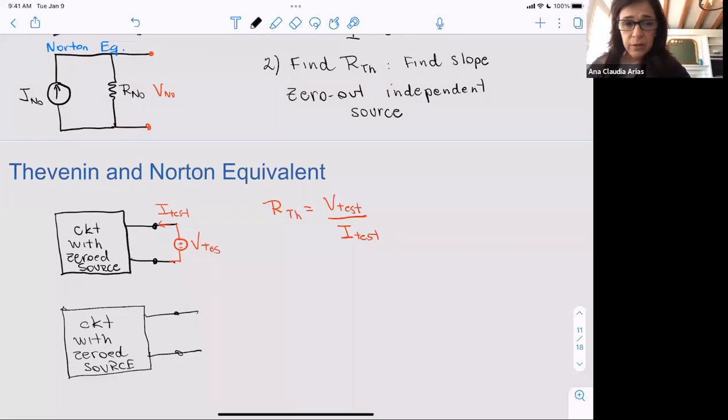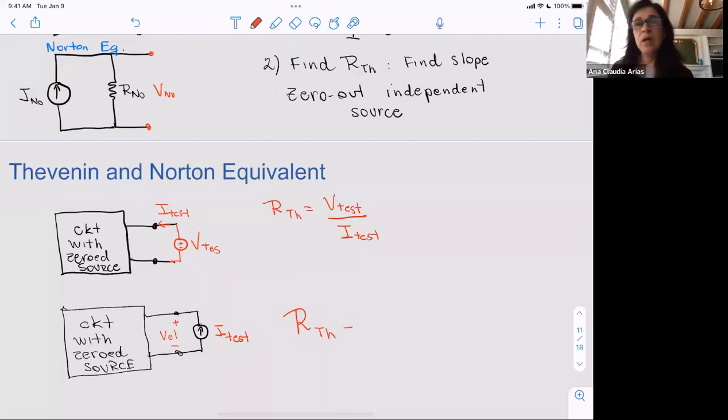So I can come here with a current source, where I will have I test, which I know, because I am setting that. I'm coming with an apparatus to measure that. And then I can measure the voltage across here, the element. Well, if I do that, what's our Thevenin? If instead of taking an external voltage source I take a current source, what's going to be our Thevenin in this case?